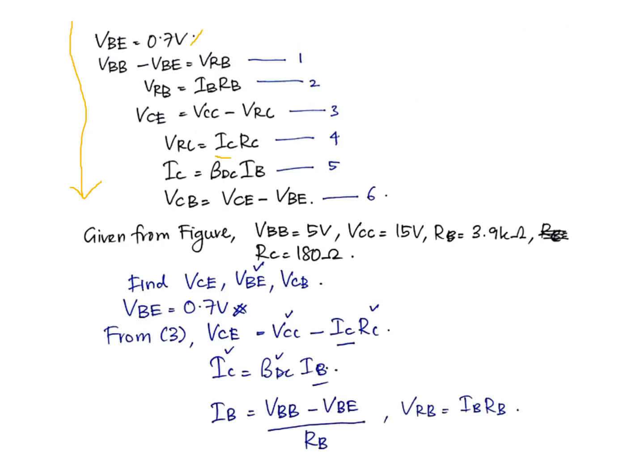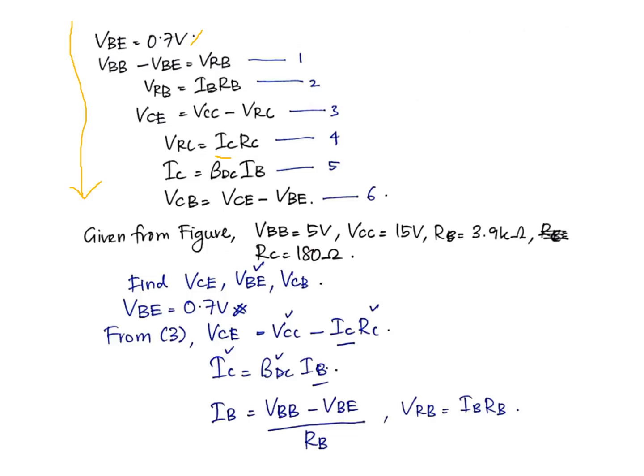Given from the figure, VBB equal to 5 volts, VCC equal to 15 volts, RB equal to 3.9K, and RC equal to 180. The question is to find VCE, VBE, and VCB. So VBE is obviously 0.7 volt.